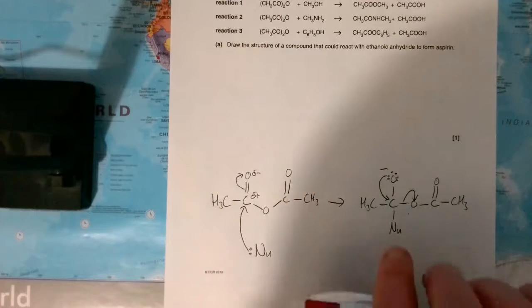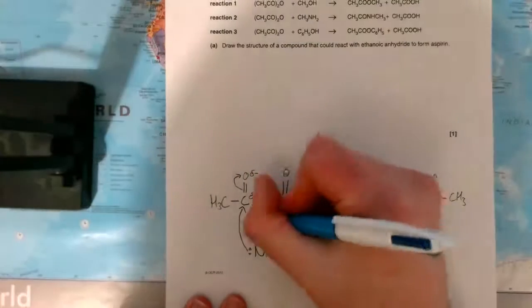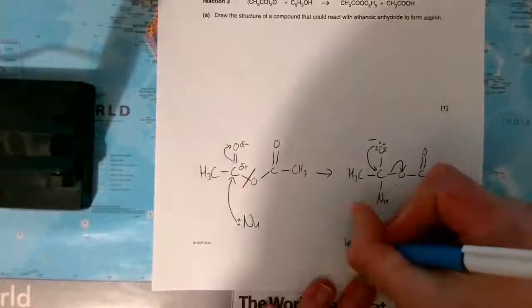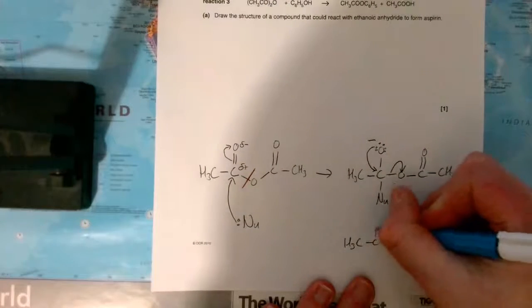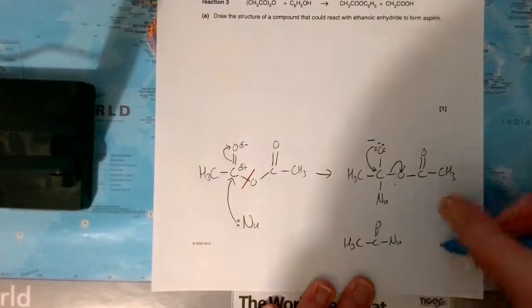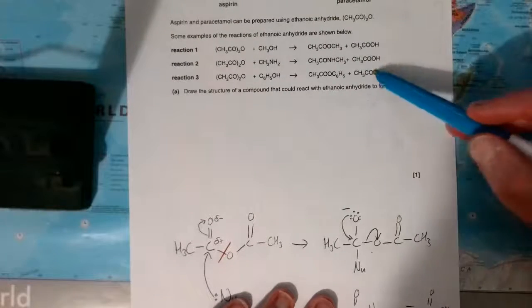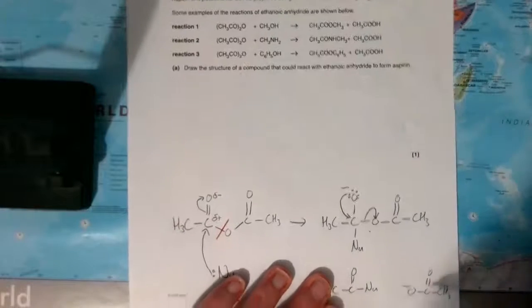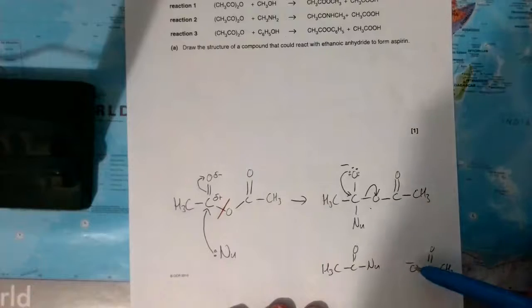So basically what happens each time is that you're breaking this off. That would of course initially give us H3C double bond to the O with a nucleophile there, and you would have ethanoate ion, which would then be protonated, and that will give you the ethanoic acid that you're always going to get as your byproduct.